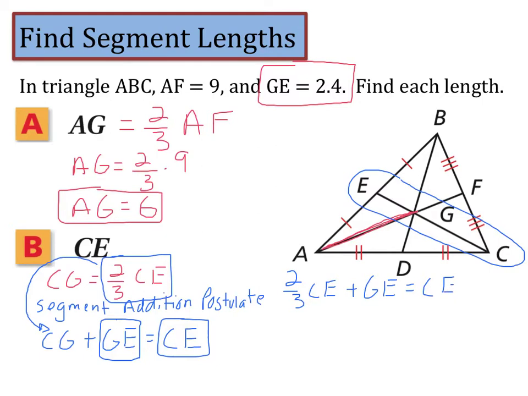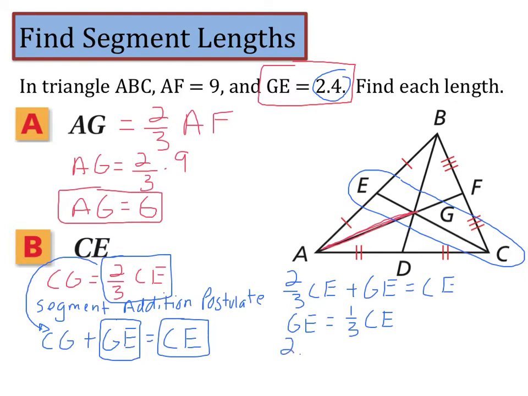Okay, so now we want to subtract 2/3 CE from both sides, and we have GE equals 1/3 CE. Now we know what GE stands for, it's 2.4. So we'll just plug that in right down here.